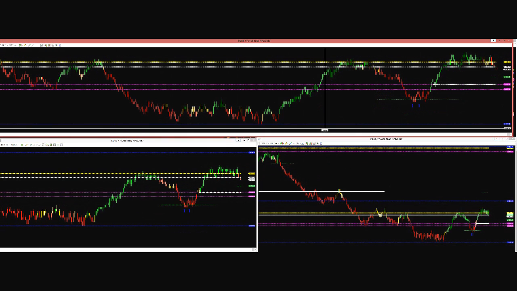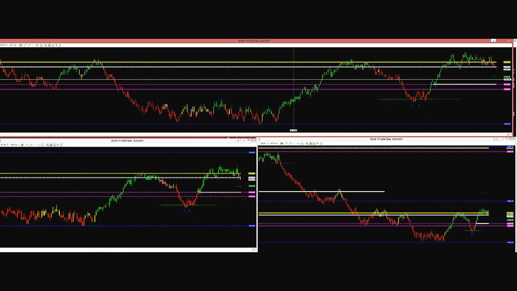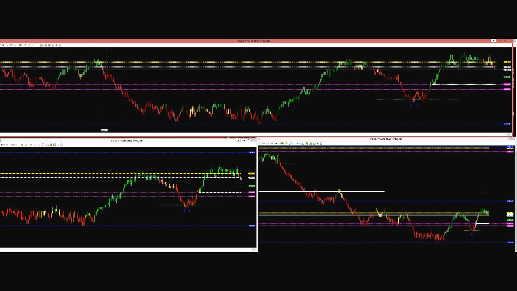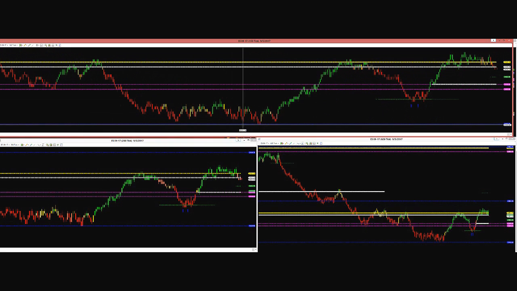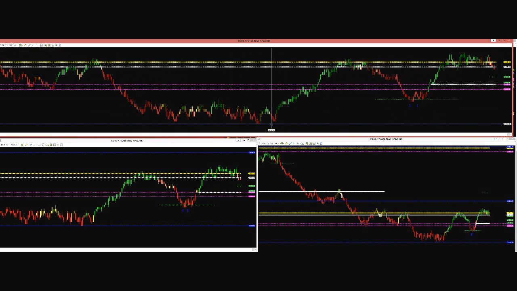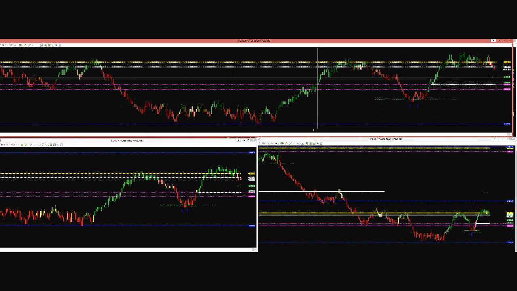Let's look at the accuracy on the 150 ticks, and we can see where this market struggled and when it projected. You can see this line has been there for a very long time, and how the market came in exactly to the support line, and how the market again projected from the same numbers.